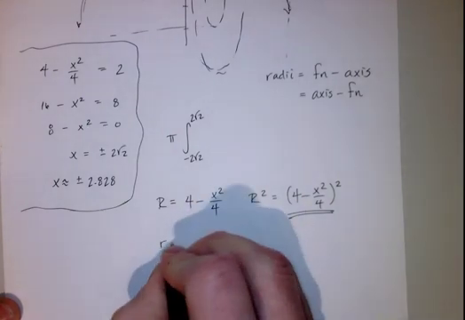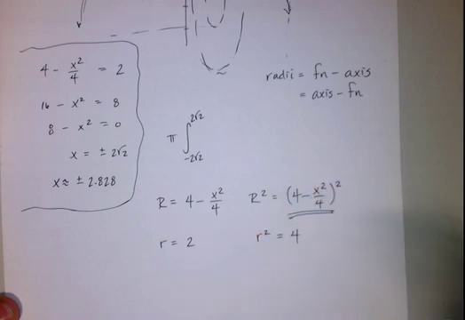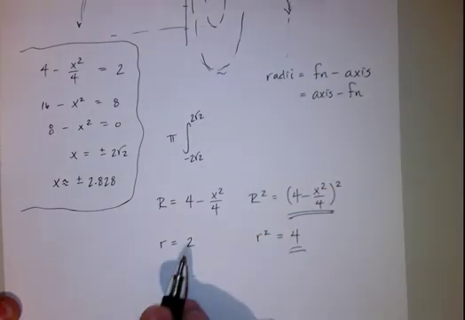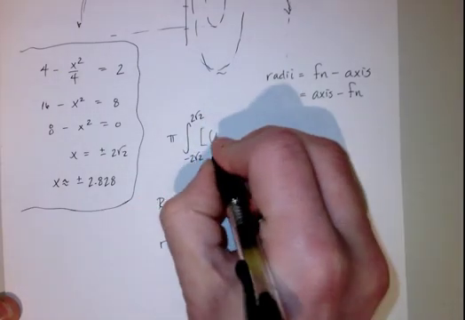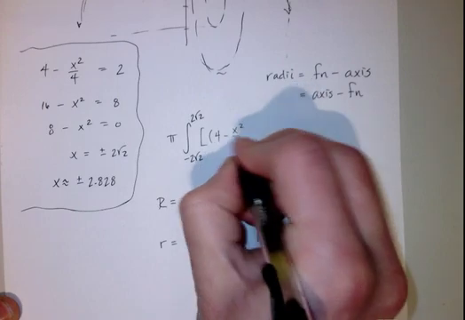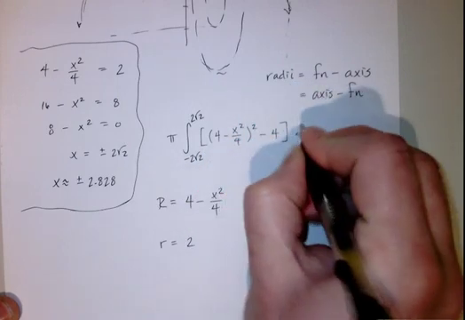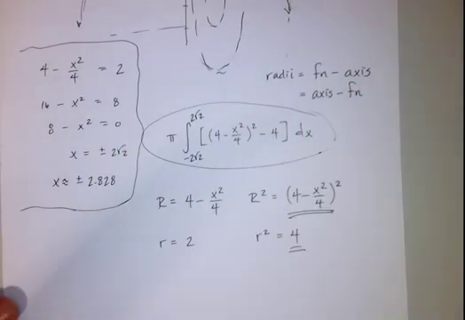Okay? r is equal to 2. r squared is equal to 4. This goes in the integrand, not this. Okay? And so what we have here is 4 minus (x over 4) squared minus 4 dx. That right there is your integral.